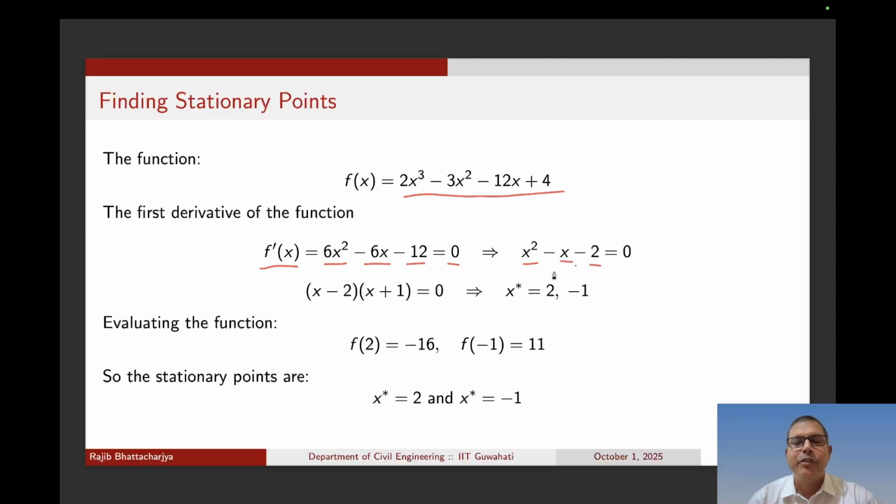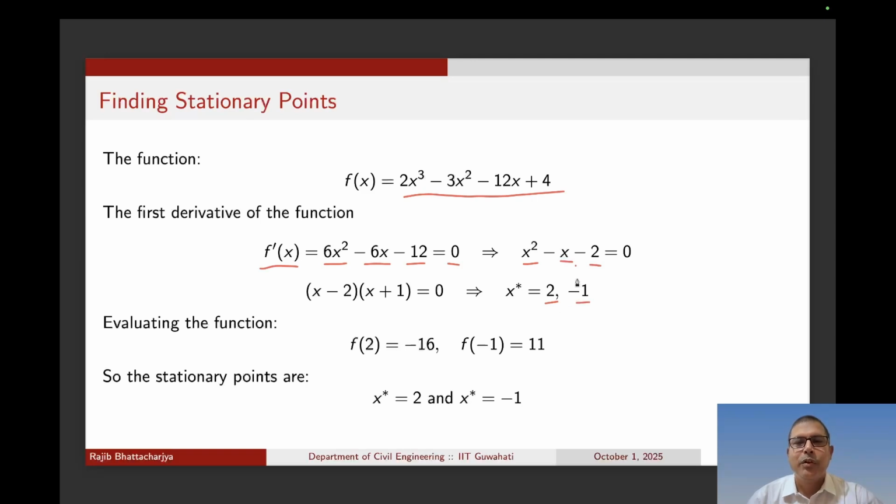This is a quadratic equation, so I can obtain the roots of this particular equation. And if I obtain them, I will get two roots: one at x equal to 2 and another one at x equal to minus 1.